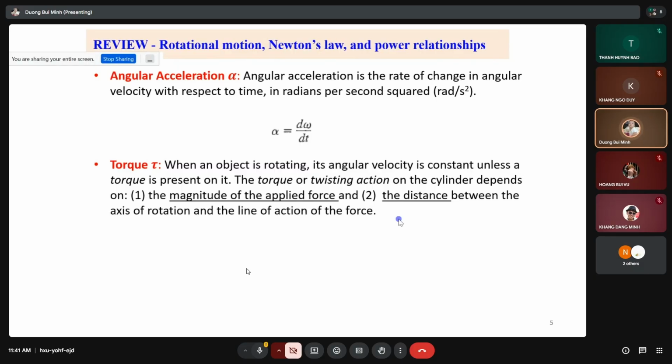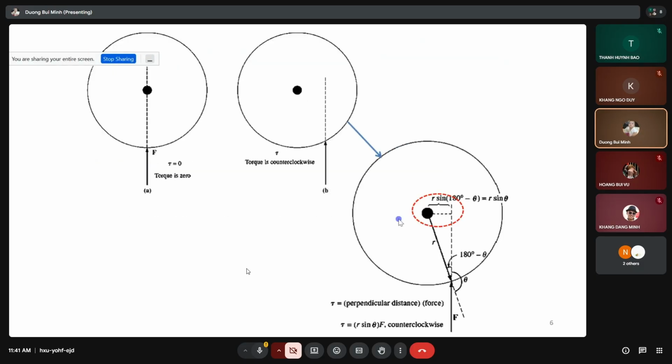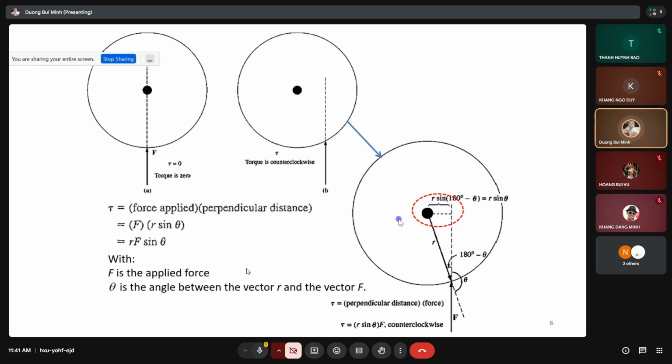So how can we calculate torque? At high school, we know torque is the product of the force applied and the perpendicular distance. I mean force and distance.